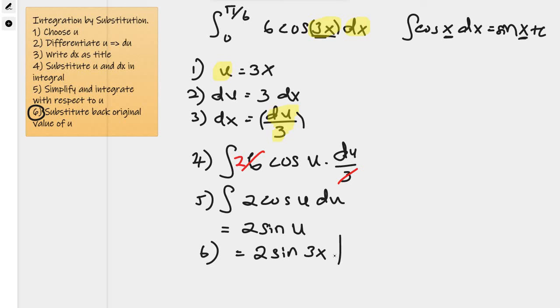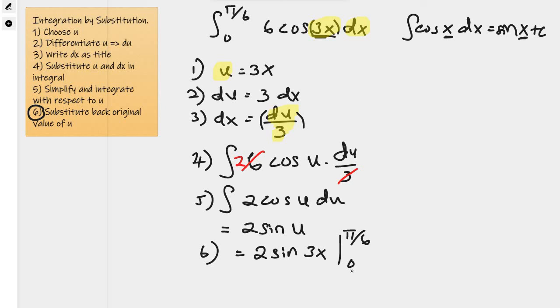Now after you substitute back at step number 6, you substitute into this integral. You want to evaluate the answer that you get here from x equals 0 to x equals pi over 6.